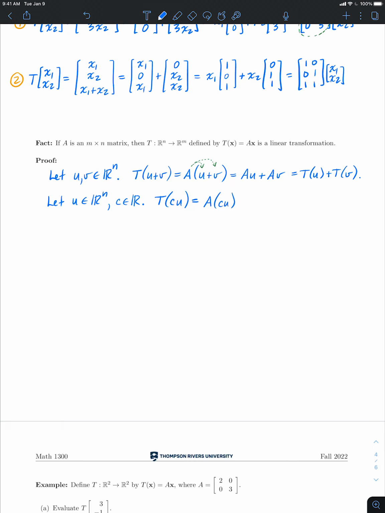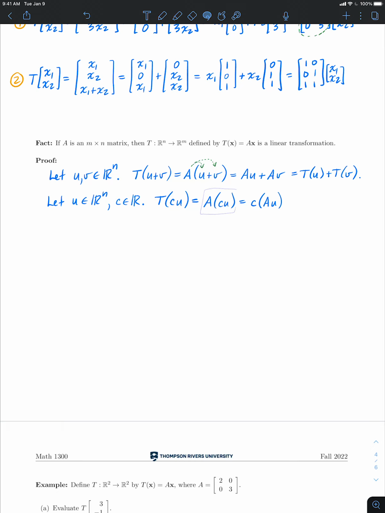times cu. Well, there was another property, right immediately after we proved the previous property in the notes, which says that you can pull the scalar out. I hope you thought about this and worked out the details, but this was the very next property.